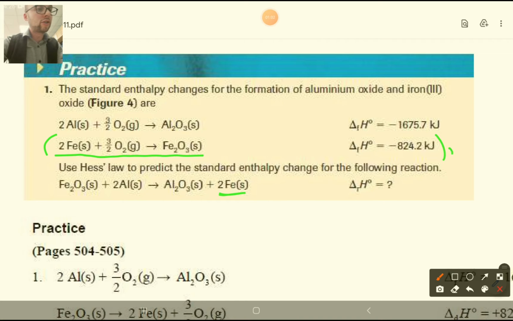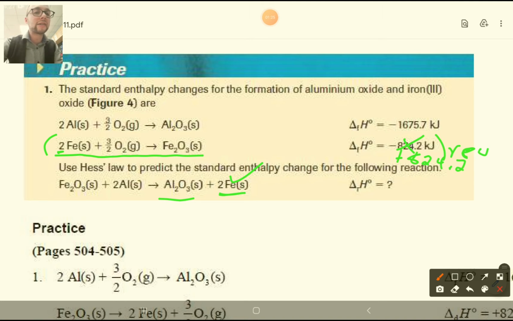So we're going to reverse that reaction. And when we reverse that reaction, this value now becomes positive 824.2. Now, the molar amounts are the same, so that's okay. But what we can confidently say now is that we have this part of the equation.